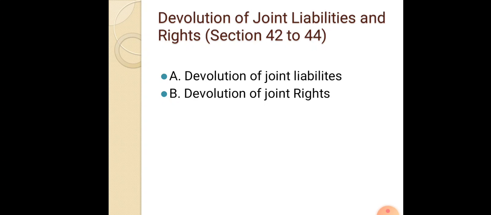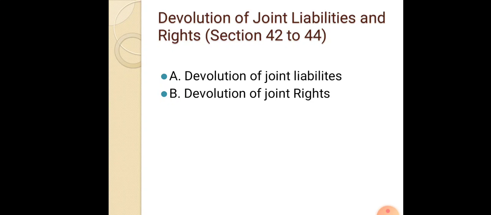If all the original promisers die, then the liability devolves onto the legal representatives of all of them. They are jointly liable for the performance of the promise. The next is that the promisee can compel any one or more of such joint promisers to perform the whole of the promise.